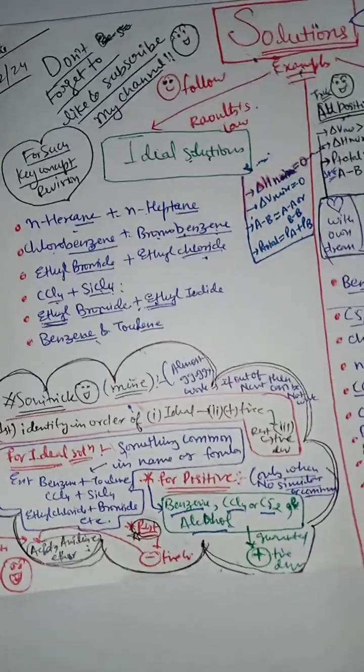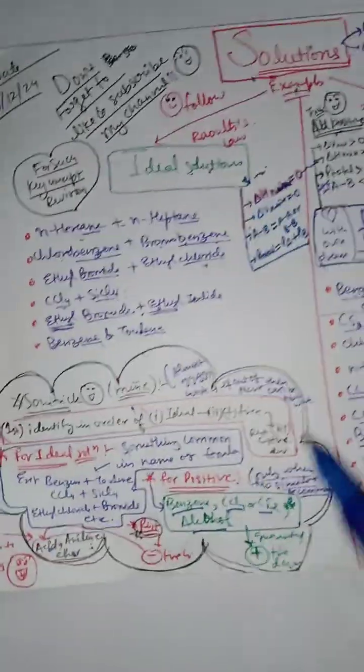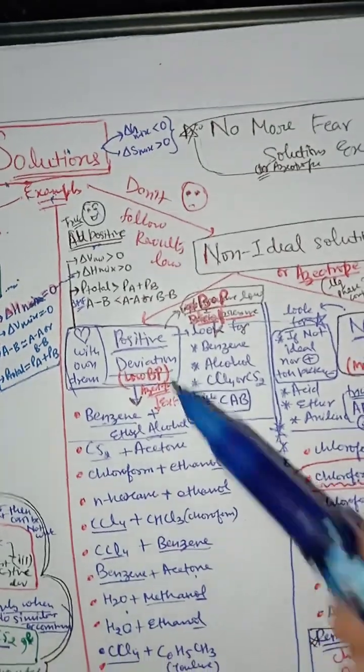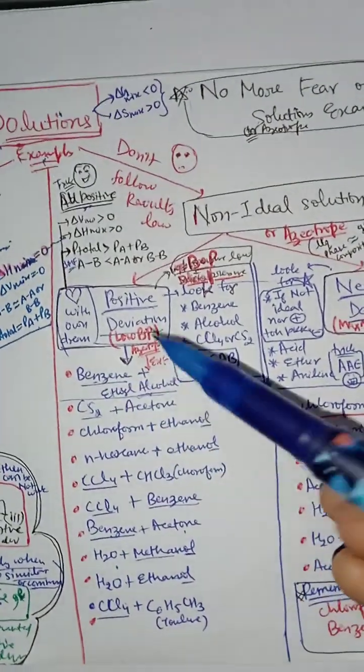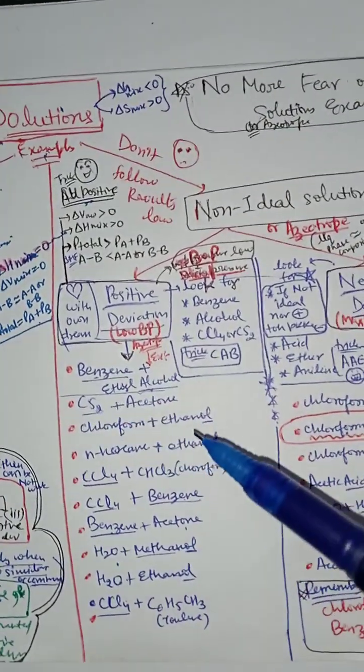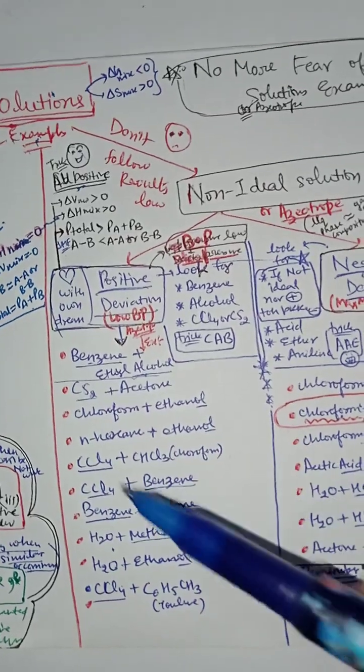Sorry for repeating it, but now let's see the examples of positive deviation non-ideal solution. So here benzene, CS2, alcohol, CCl4.